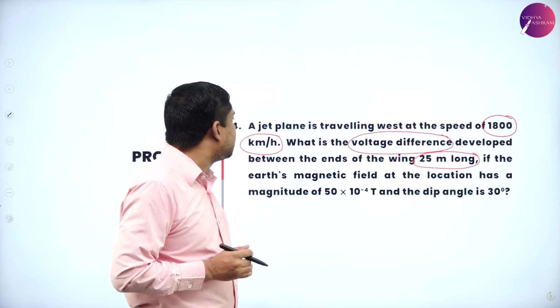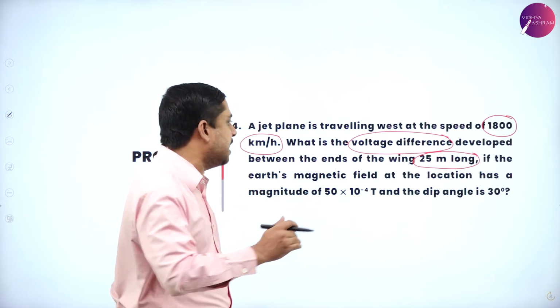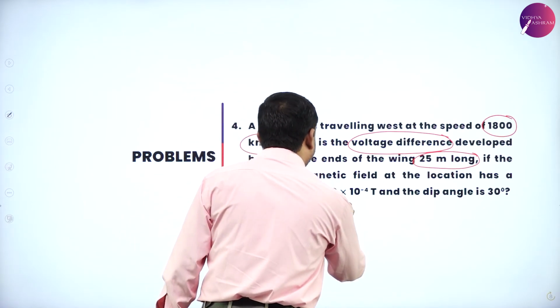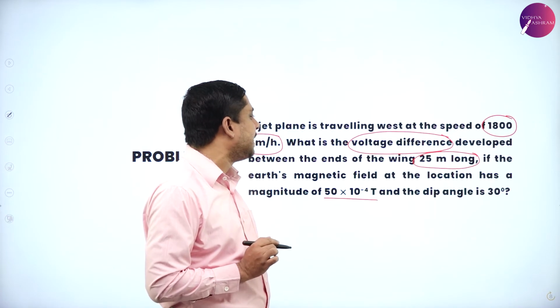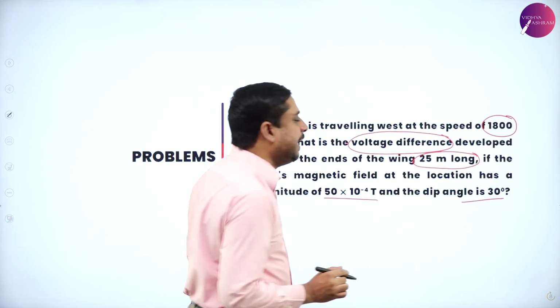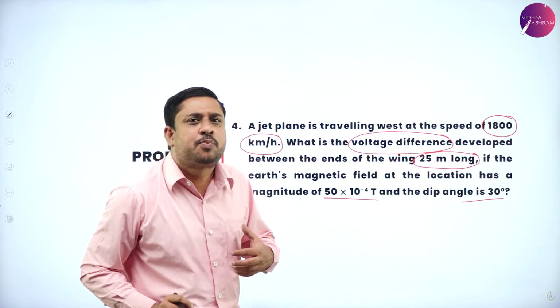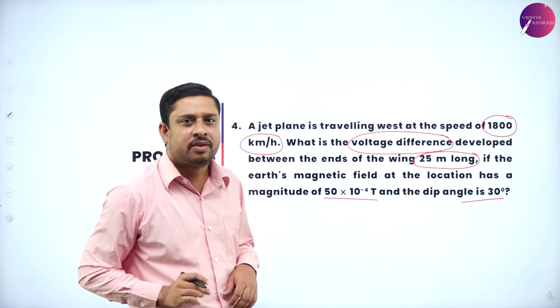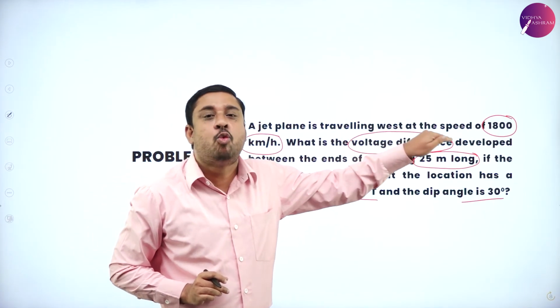If the Earth's magnetic field at that location is 50 into 10 power minus 4 Tesla, dip angle is 30 degrees. How do I relate this problem to what concept? Aeroplane traveling west.